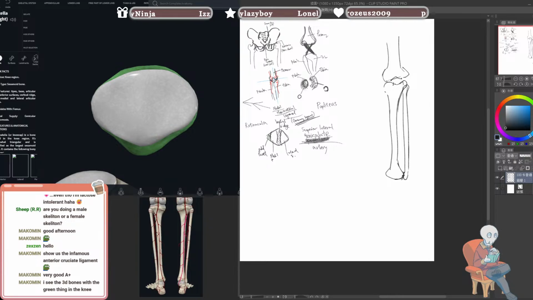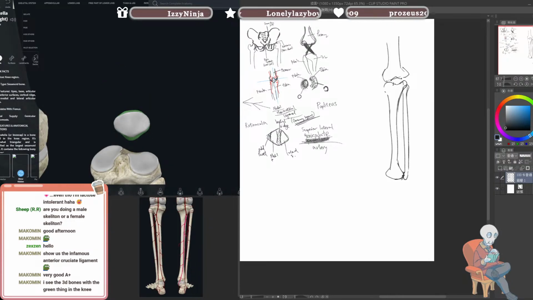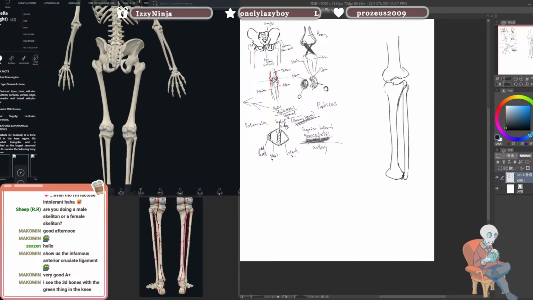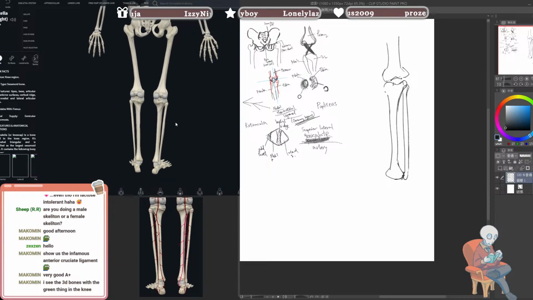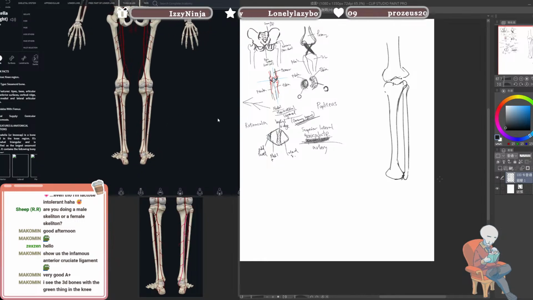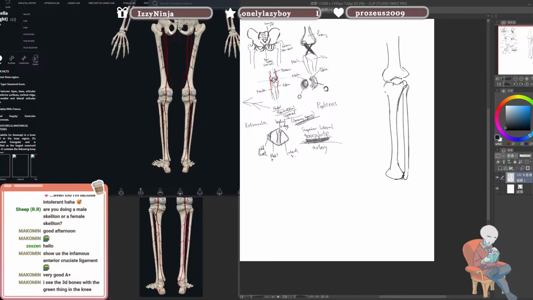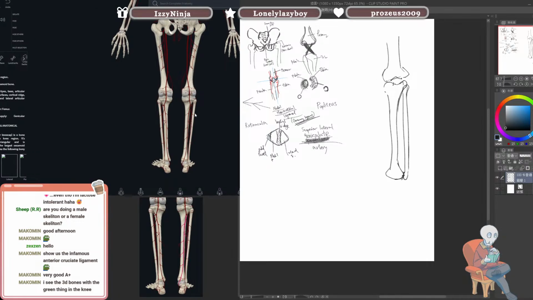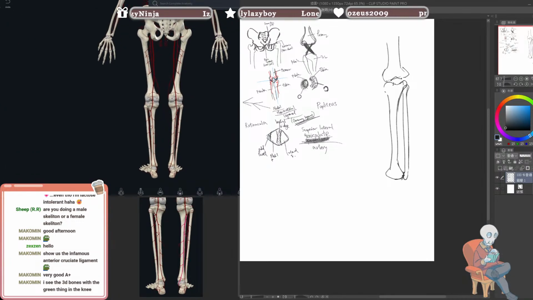Let me try to copy from the 3D model here.